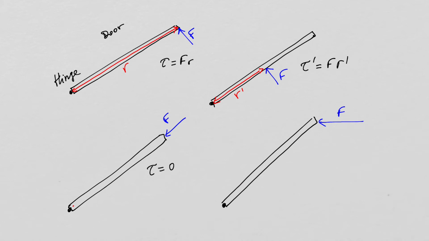So one more time, for the magnitude of the generated torque, it's important how big the force is, how big the torque arm is, that is the distance from the axis of rotation to the point where the force was applied, and also at what angle the force is directed with respect to the torque arm.